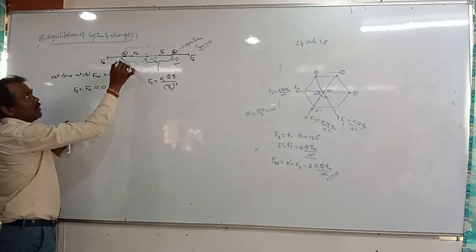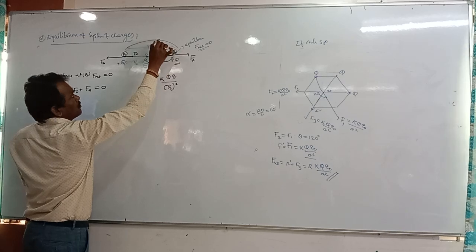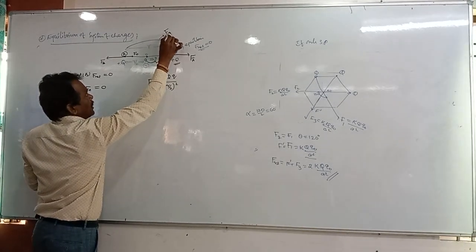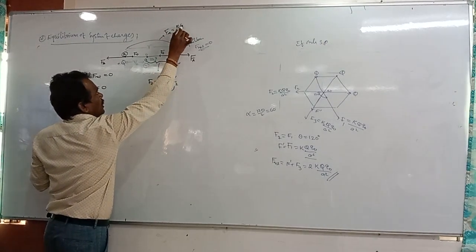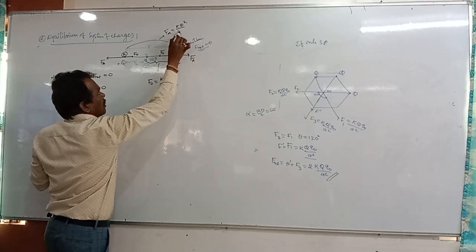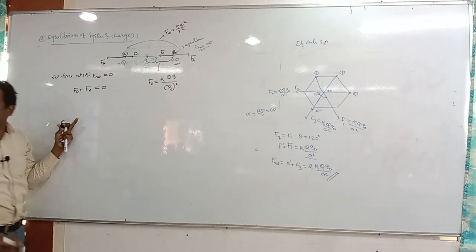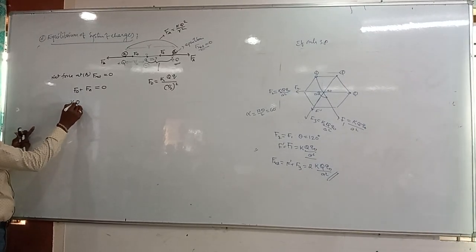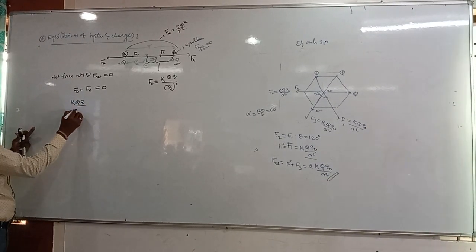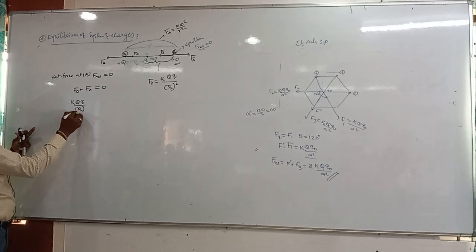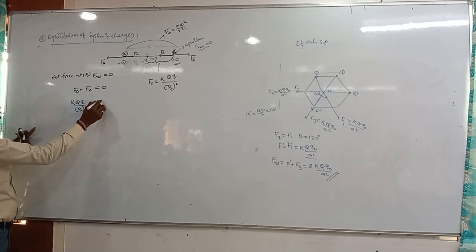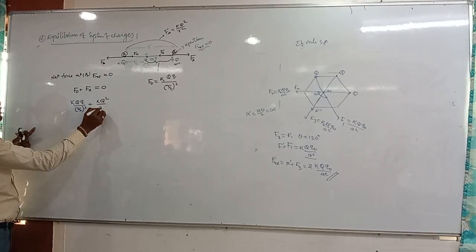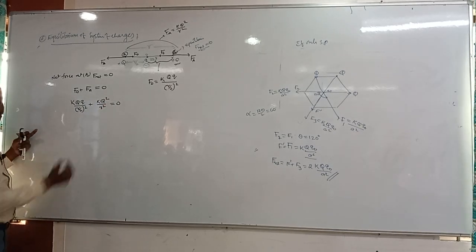And the force between these two, FA, is K Q square by R square. Substituting here, K Q small q divided by R by 2 whole square plus K Q square by R square is equal to 0.